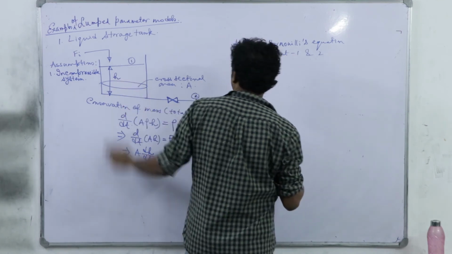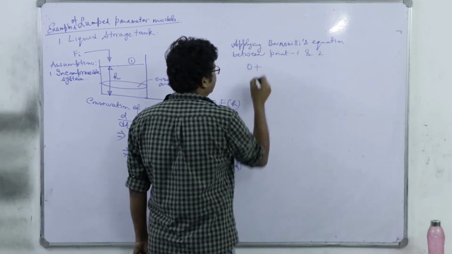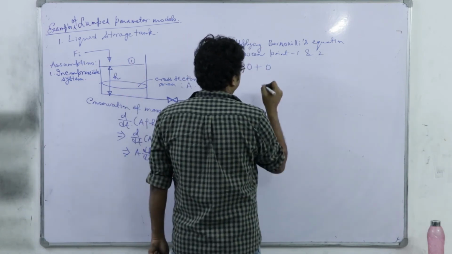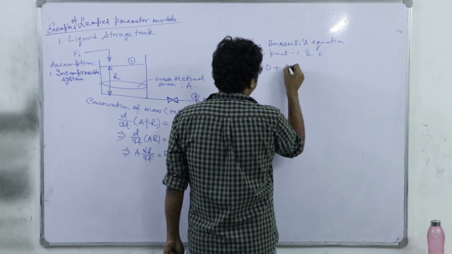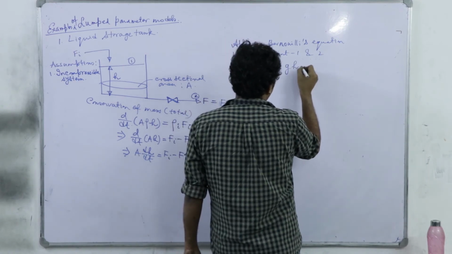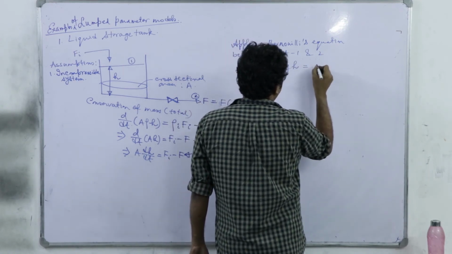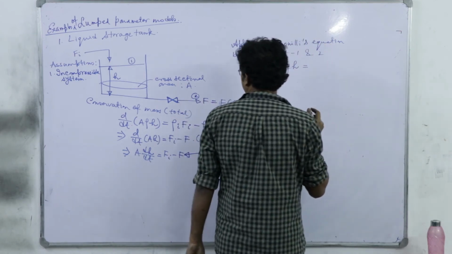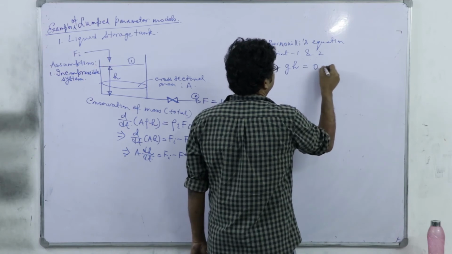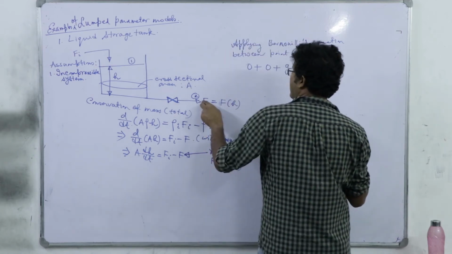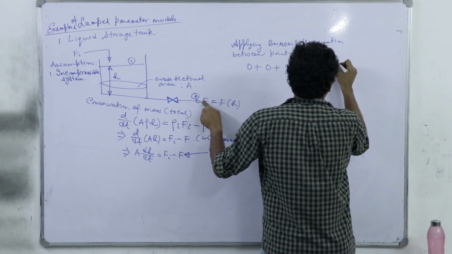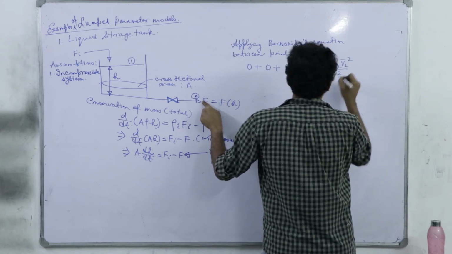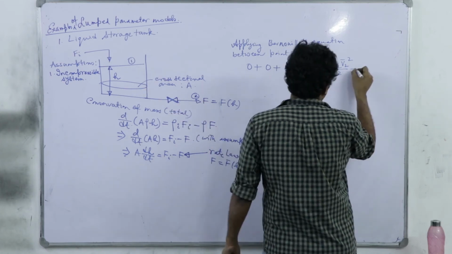What I get here, it's atmospheric pressure, so P1 by rho is 0. Alpha 1 V1 bar square by 2 is 0, plus G into H is equal to P2, which is again releasing into atmosphere, so it is 0. Here we can write alpha 2 into V2 bar square by 2 plus head loss.